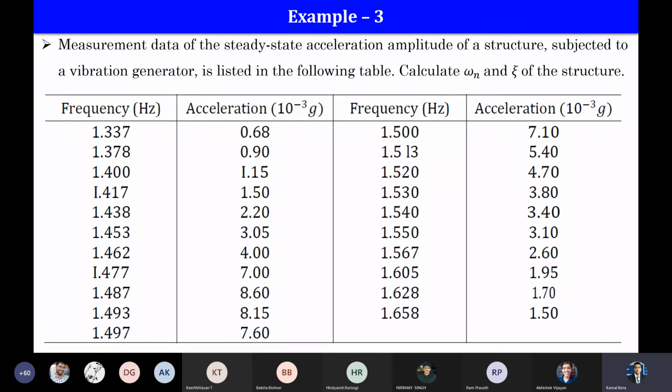So it is actually from experiments. Someone has done it on a structure using a vibration generator. You just try to plot it, tentatively. What kind of plot are you getting? Just a qualitative plot.